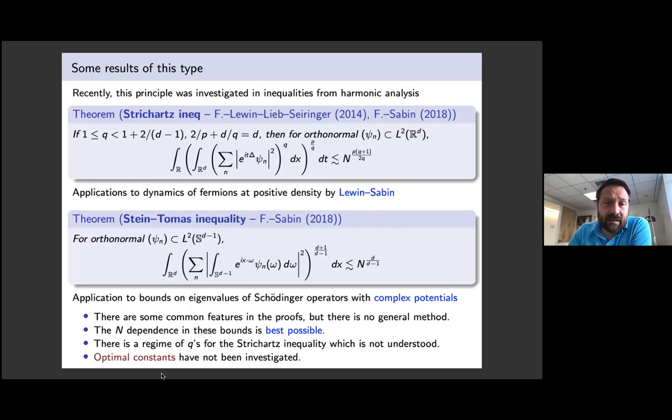And the second thing is a version of the so-called Stein-Tomas restriction theorem, again for orthonormal functions. Let me say right away that both of these theorems do have applications both in PDE and in spectral theory. Let's talk about, for the moment, the Strichartz inequality, and let's try to understand what that means.